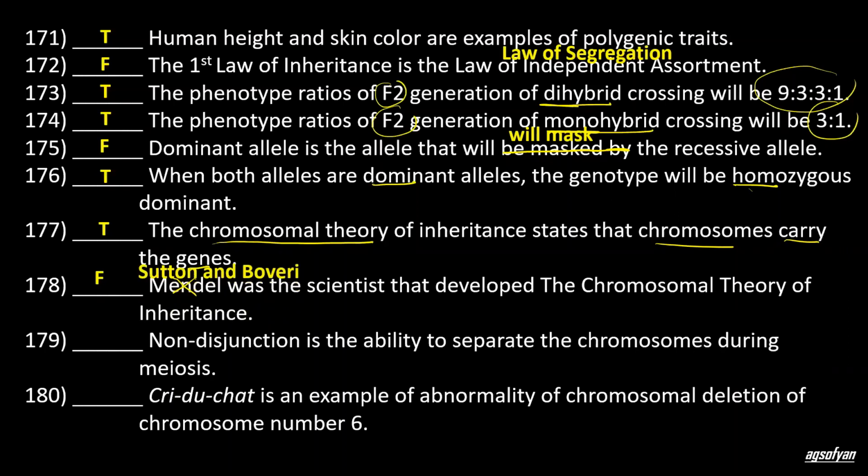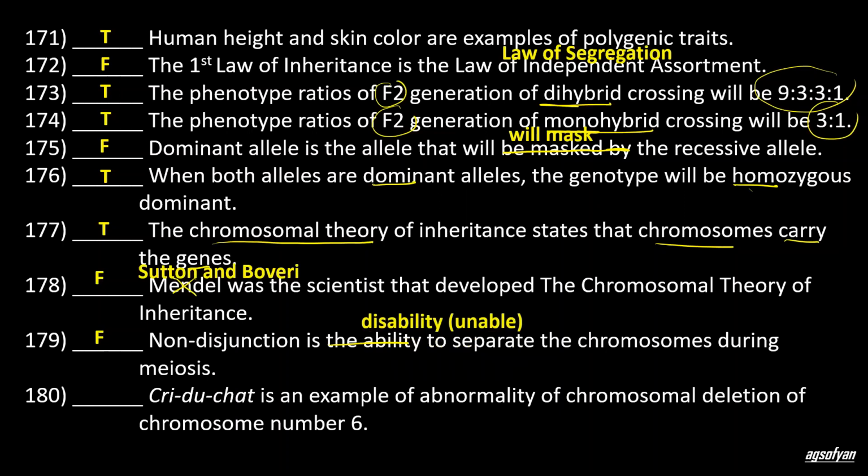Non-disjunction is the ability to separate the chromosomes during meiosis. True or false? It is false. It is actually not the ability, but the inability, or disability, or being unable to separate chromosomes.